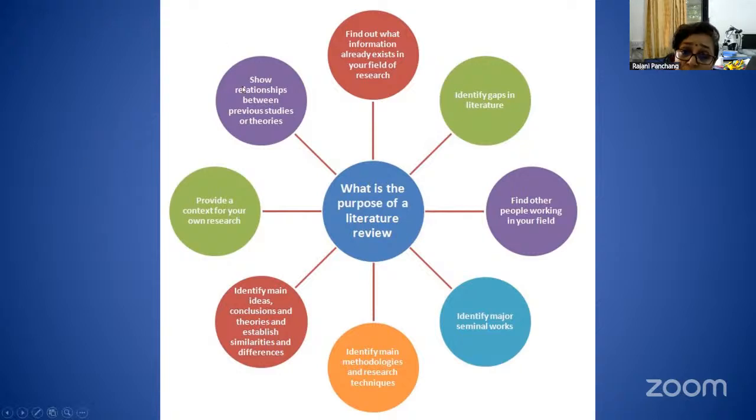Show relationships between works. Like what did I just show you? In the same three durations where I was finding melting, warming, and more rainfall, there were reports from Europe which said it was an ice age. So you should be able to find out the relationship between your work and the same work produced by different people in different parts of the world.